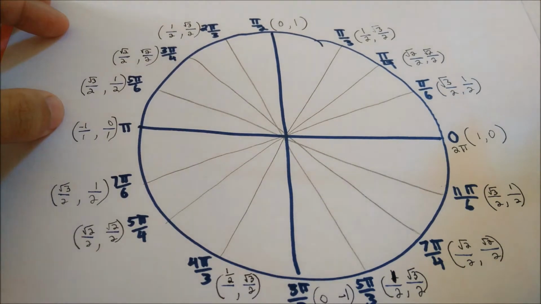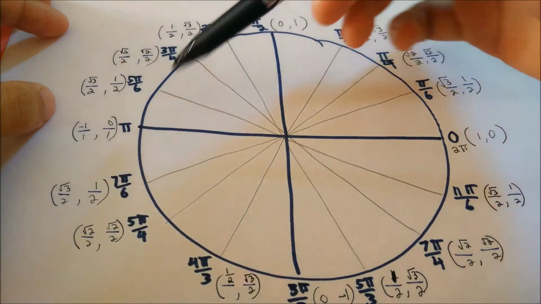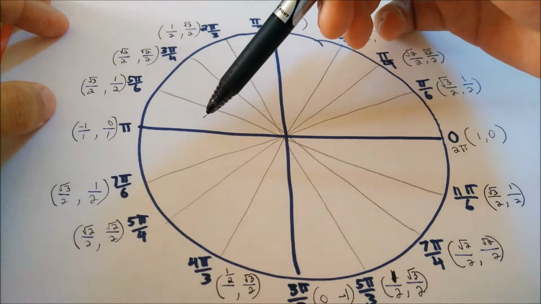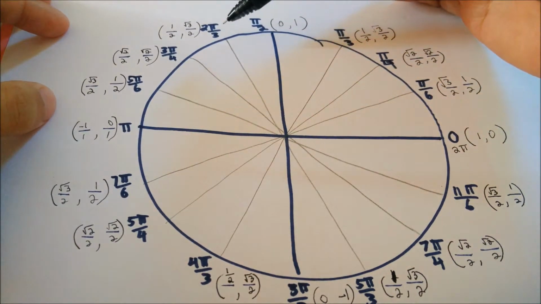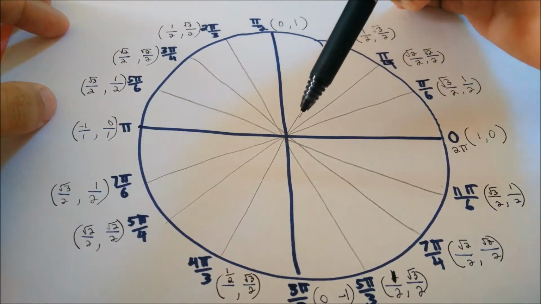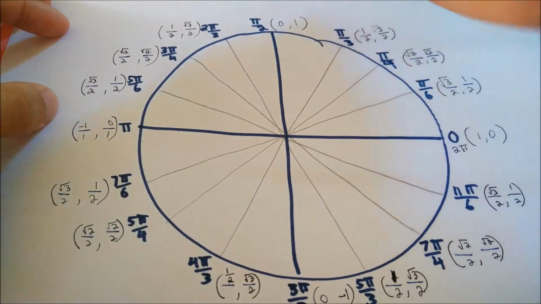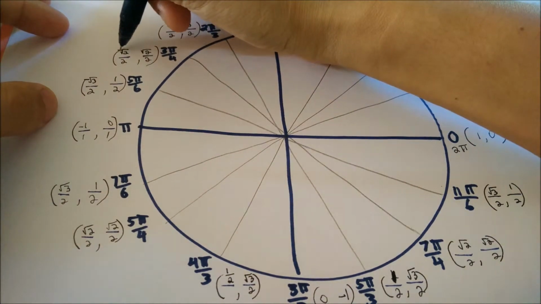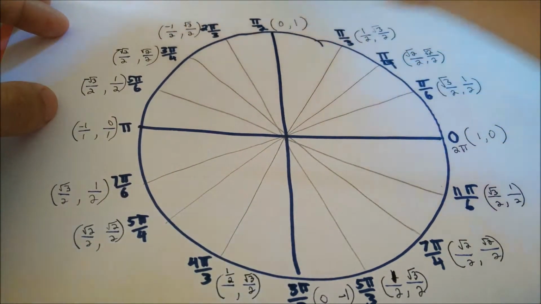In the first quadrant, both the x and the y values are positive because you're going right and up. Now, on the second quadrant, the x value is actually negative because you're going to the left, the y value is still positive because you're still going up, but it's to the left and up. So you just have to add a negative sign in front of all the x values.